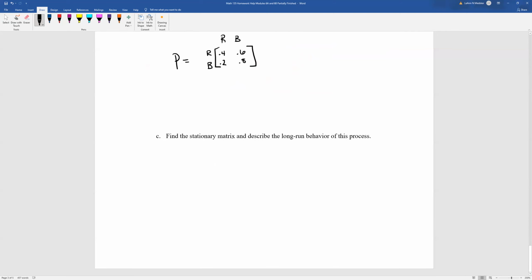So now we're going to actually find that stationary matrix, and then we're going to describe what that means for us as a sentence. So when you're trying to find the steady state, what you're saying is there's going to approach a point where I have two values for my state, since this is just two choices, two processes.